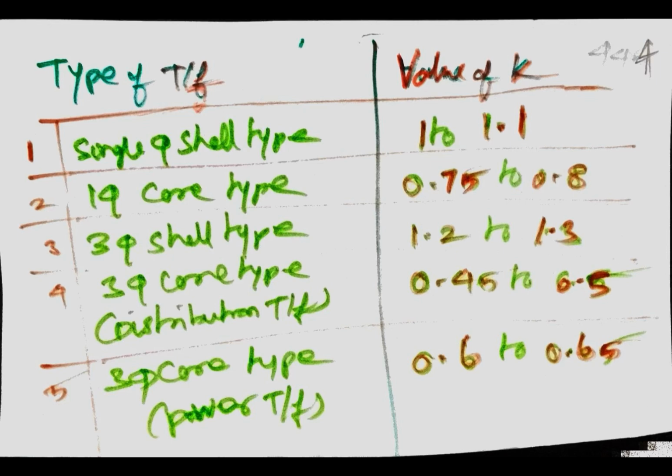Single phase core type, 0.75 to 0.8. Three phase shell type, 1.2 to 1.3. Three phase core type: distribution transformer 0.45 to 0.5, and power transformer 0.6 to 0.65.